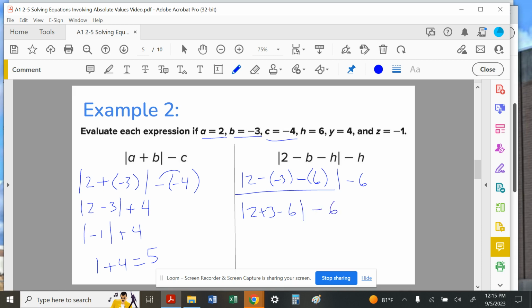Then we're going to take care of the inside, addition and subtraction. 2 plus 3 is 5. 5 minus 6 is negative 1. So the absolute value of negative 1, minus 6, just becomes 1 minus 6, which is negative 5. And we've taken care of those.